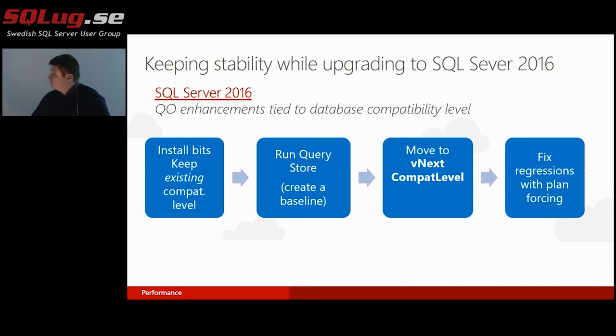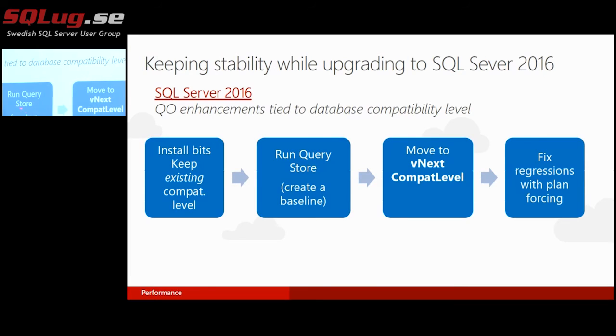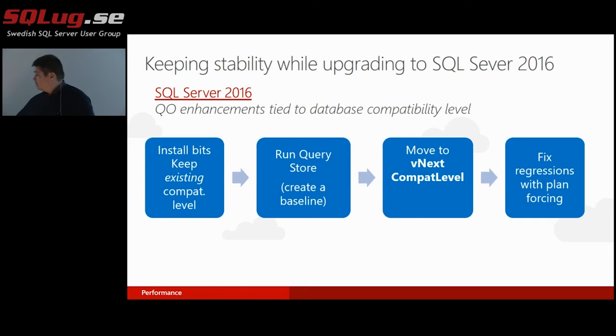So how should we do this migration using query store? First of all, we should install the new SQL Server, and we should not change the compatibility level of our database. So we have the new SQL Server, we attach the database, and then we run query store on that database, and we run our queries. In that case, we have a baseline, how the database behaves on the old compatibility level. Then we change the compatibility level to the newest number.